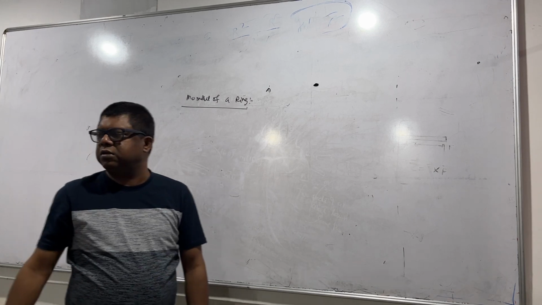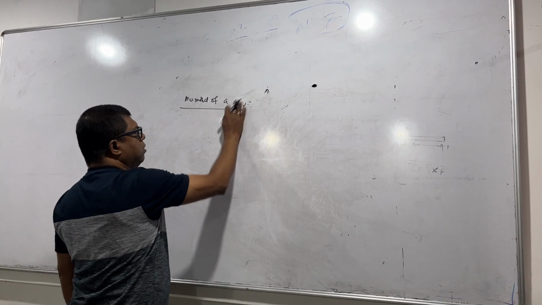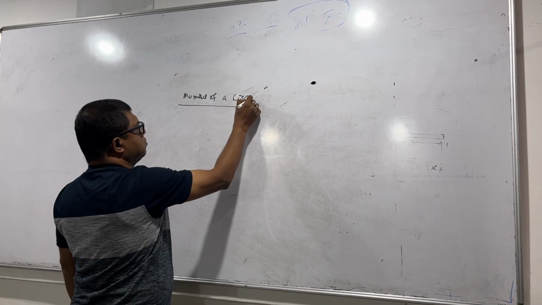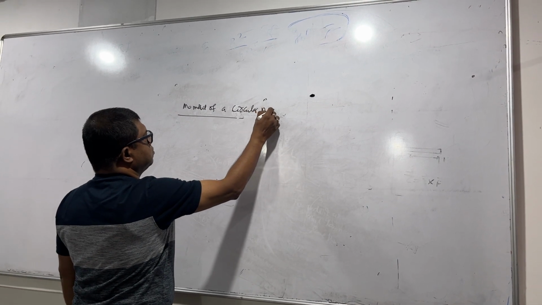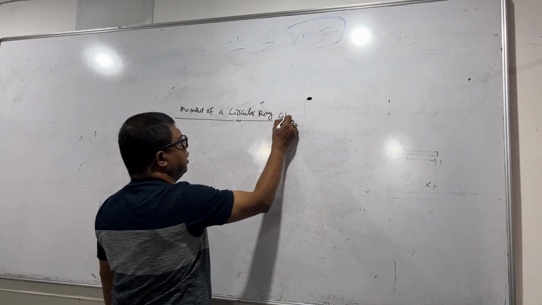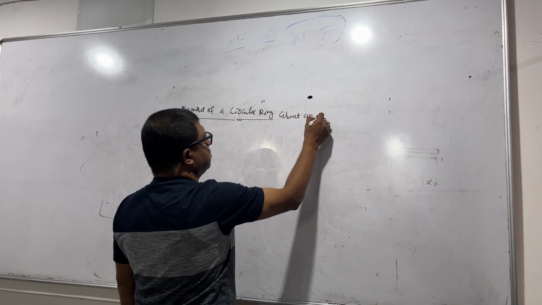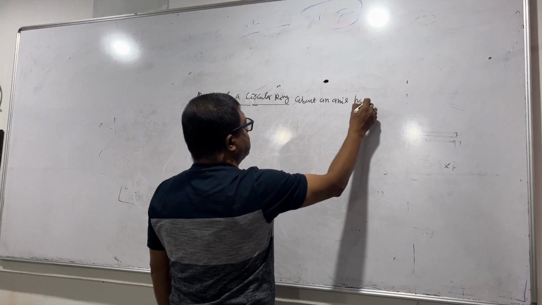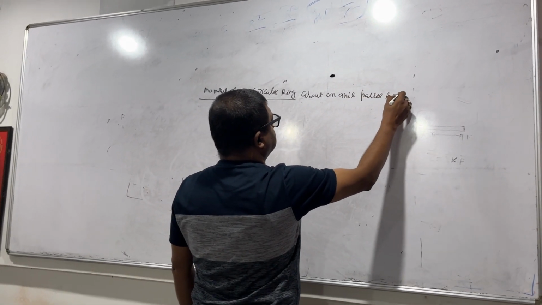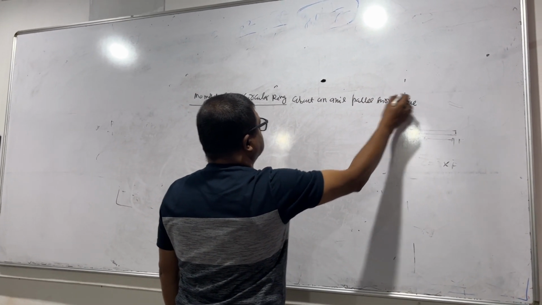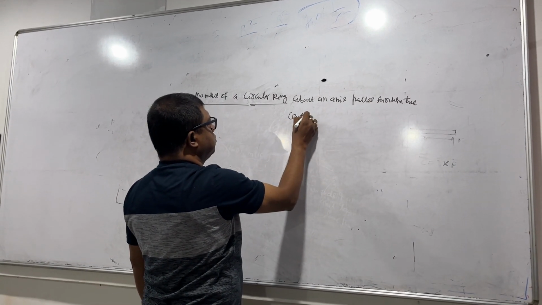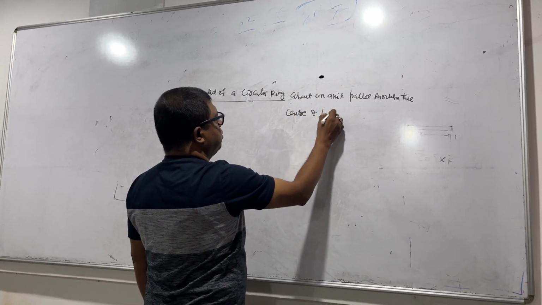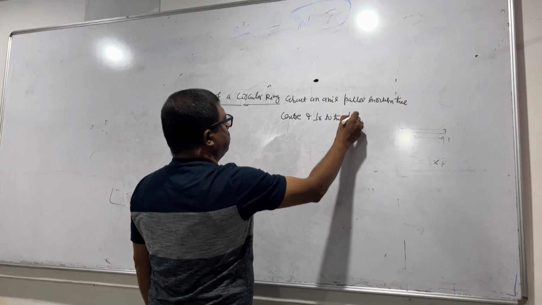Moment of inertia of a circular ring about an axis that passes through the center and perpendicular to the plane of the ring.